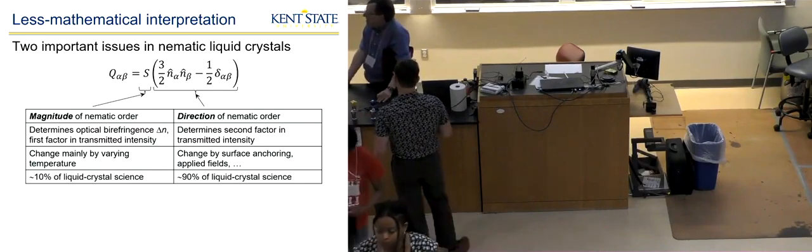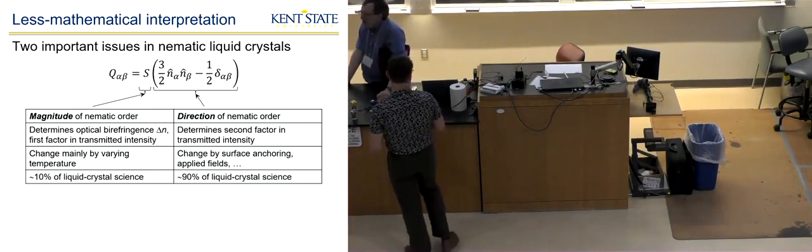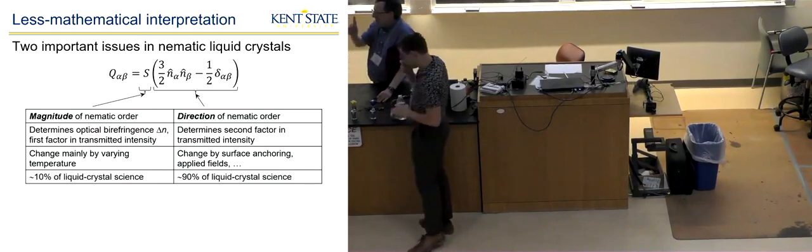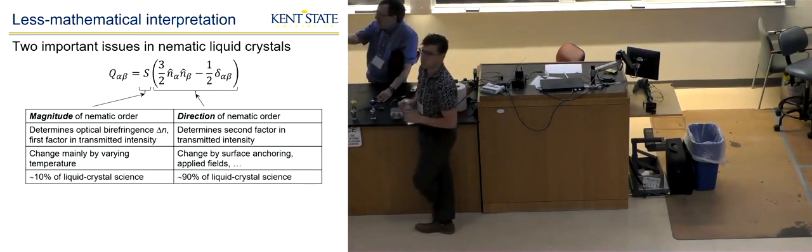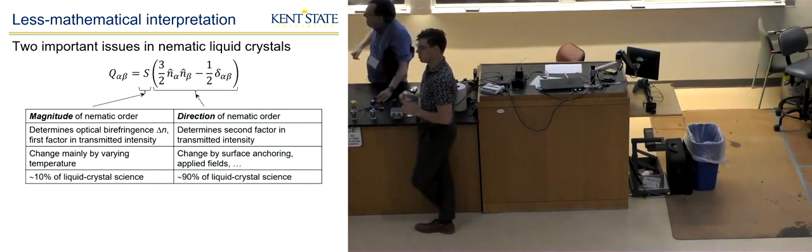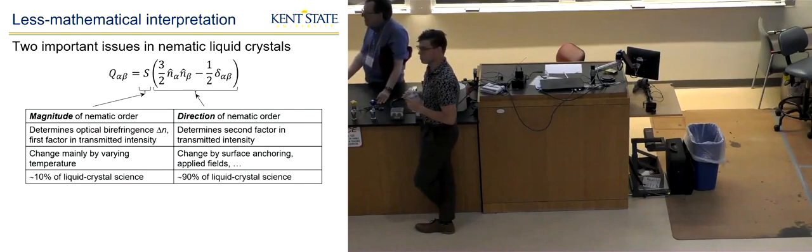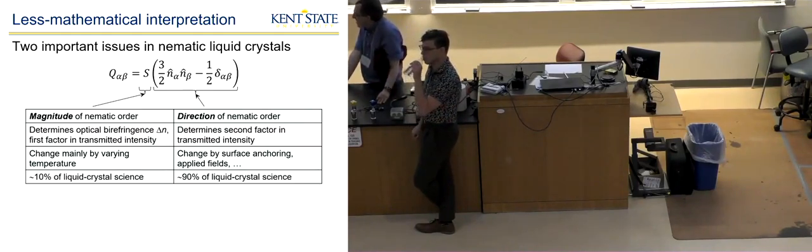Or you could say, if there are four directions that are equivalent, like the directions of the vertices of a tetrahedron, then you could call that a tetrahedratic phase. Then you'd ask what kind of spherical harmonic you need to characterize that, and I think it turns out to be L equals 6. So it's a relatively high spherical harmonic.